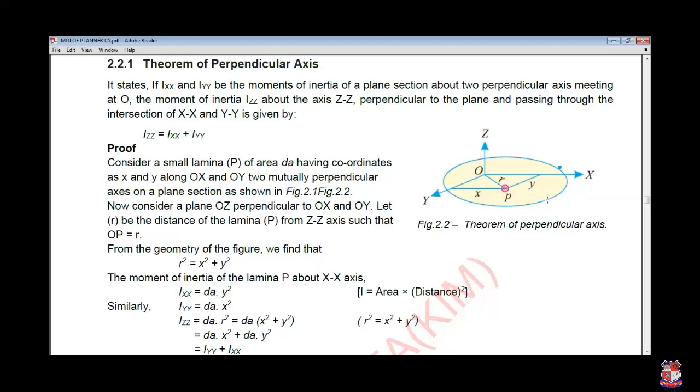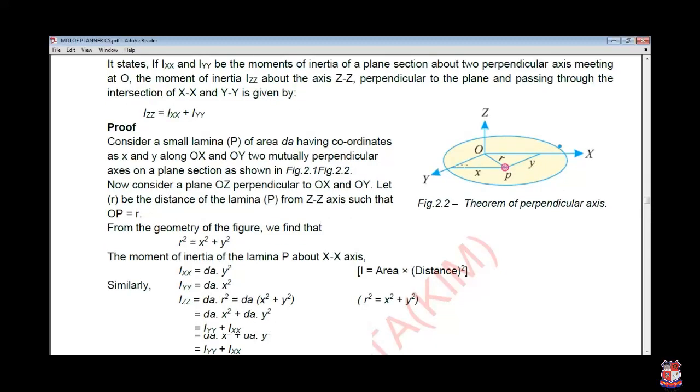It states that if Ixx and Iyy are the moments of inertia of a plane section about two perpendicular axes meeting at O, the moment of inertia Izz about the zz axis perpendicular to the plane and passing through O is the sum of Ixx and Iyy. So you can simply write Izz is equal to Ixx plus Iyy.